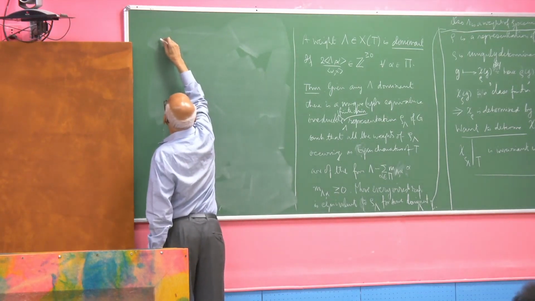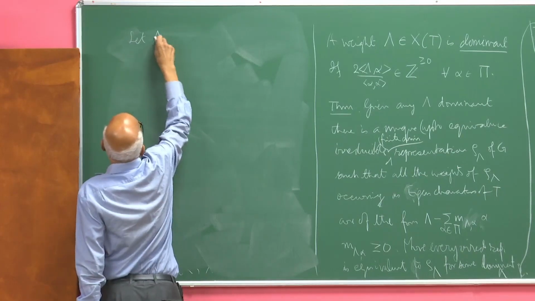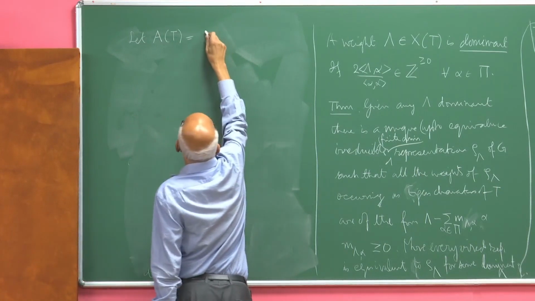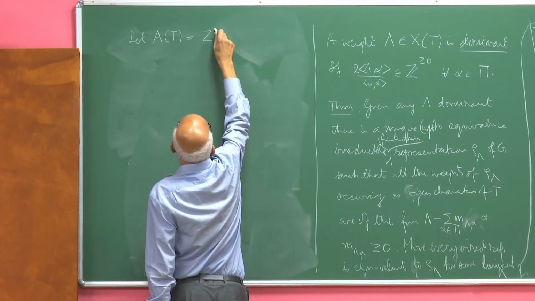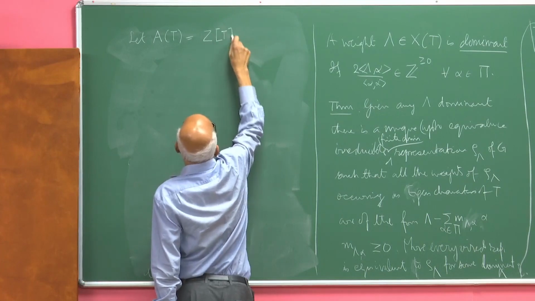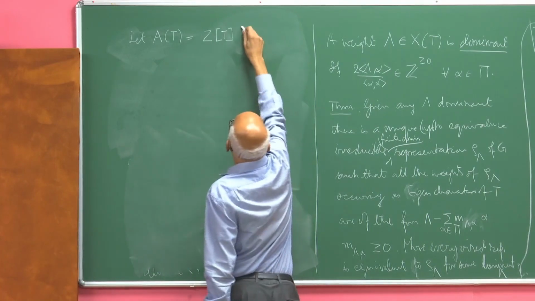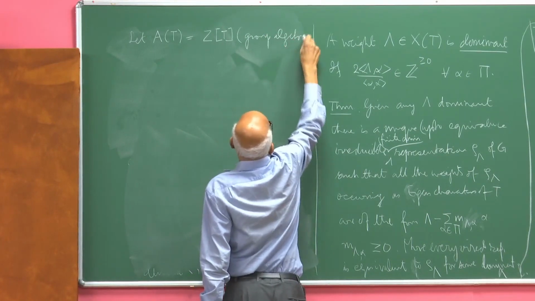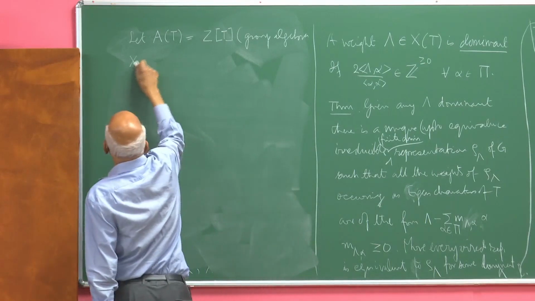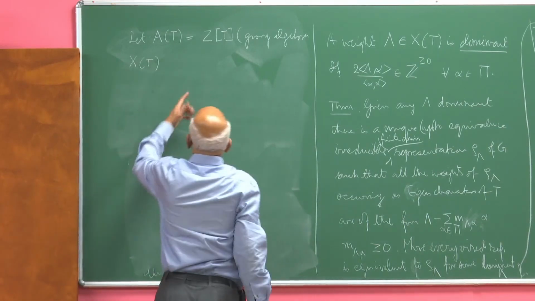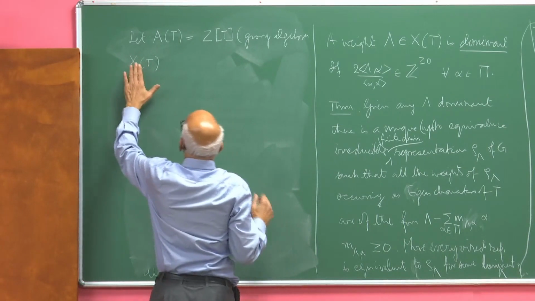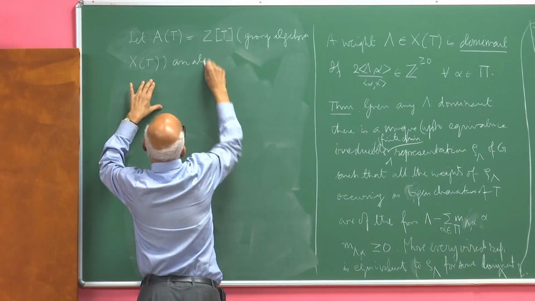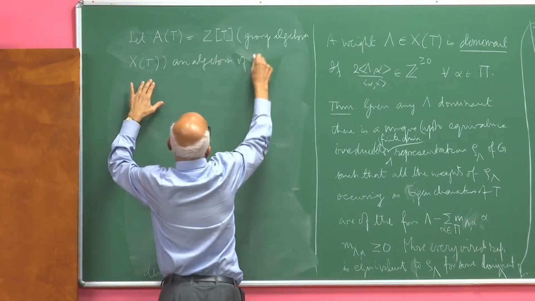Let ZT be the group algebra of XT, and therefore an algebra of functions on T.